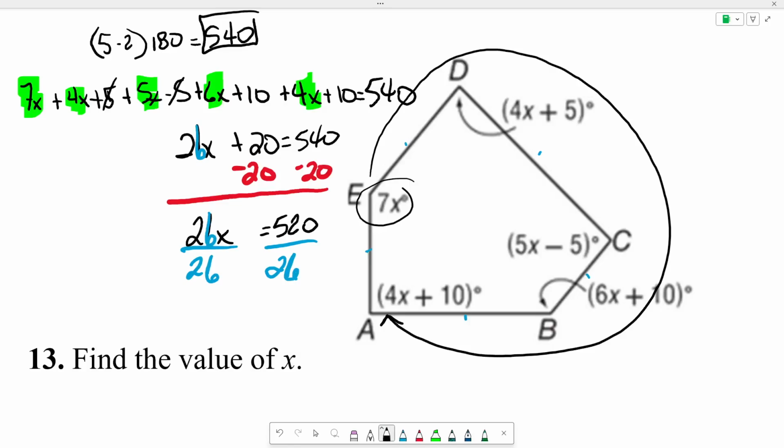It's okay to make mistakes when you're doing things, but make sure you can go back and catch your mistakes, because 7 and 4 make 11, 16, 22, and another 4 gives me 26. So now I divide both sides by 26, and I see that x is equal to 20. The value of x for this particular problem is 20.